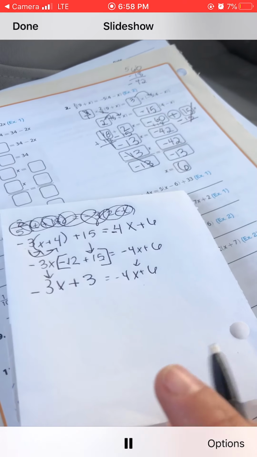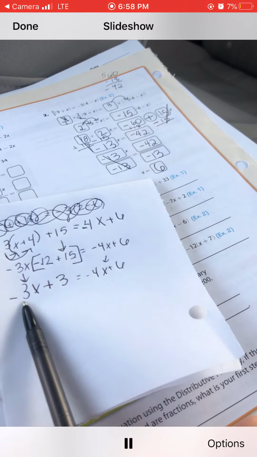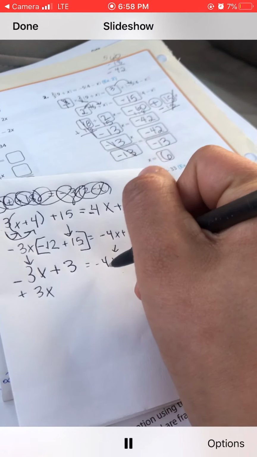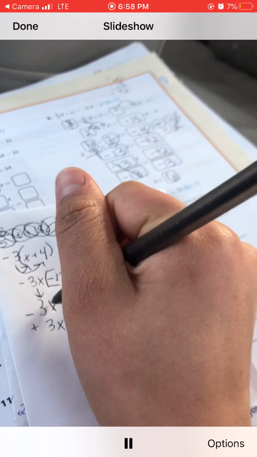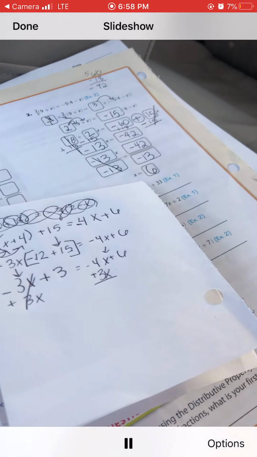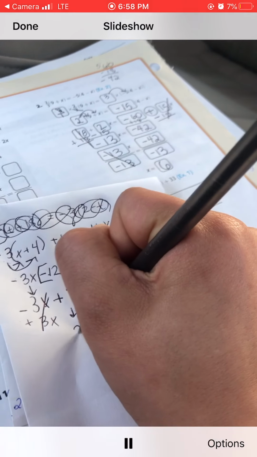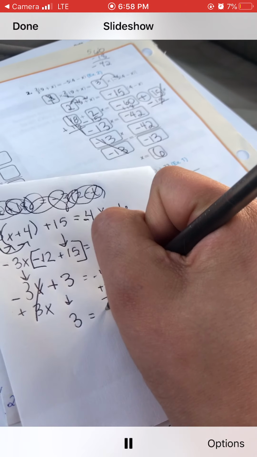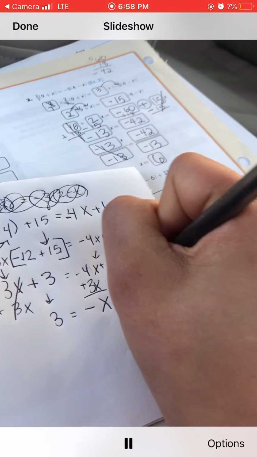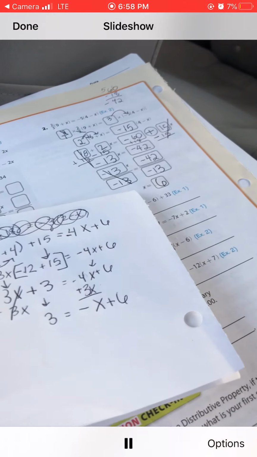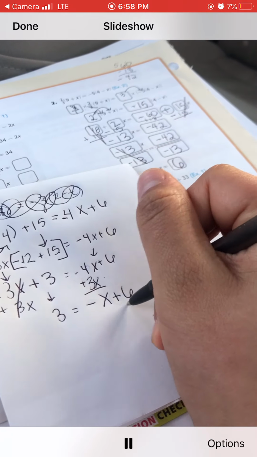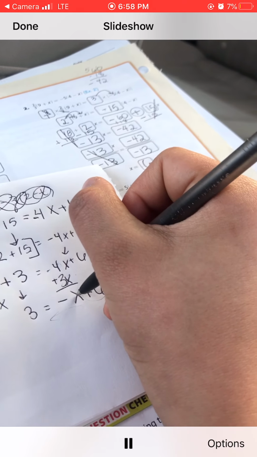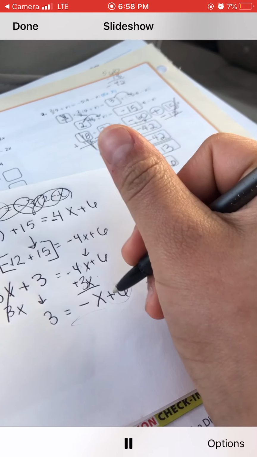Alright, so now we got x's or the variable on both sides of the equation. And I would like it only on one, so I will add 3x, canceling those out, dropping down my 3 on that side. Negative 4 plus 3 is negative 1x plus 6. And here I want my constant on the opposite side of my equation, so I can have my variable alone.